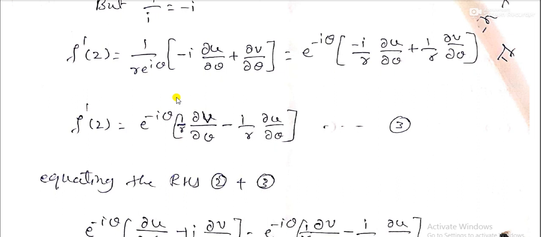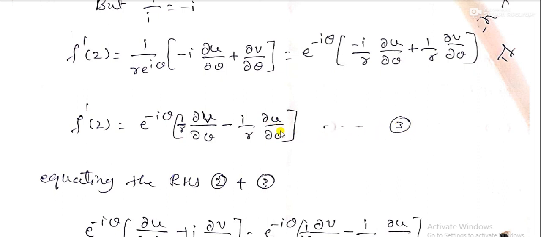The 1 upon r is also multiplied in this bracket, therefore e raised to minus i theta into bracket minus i by r into dou u by dou theta plus 1 upon r into dou v by dou theta. Therefore we can write f dash of z is equal to e raised to minus i theta into bracket 1 upon r into dou v by dou theta, positive terms first, then negative terms, minus i by r into dou u by dou theta.